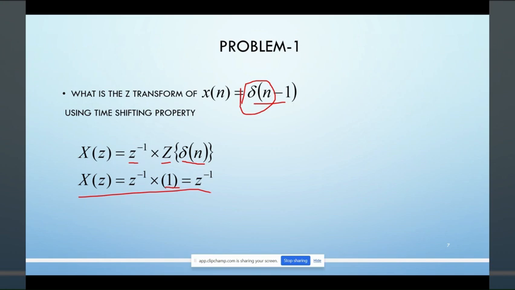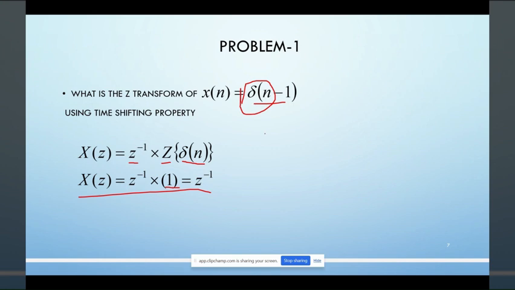So just by applying the time shifting property, we can easily solve the problem, instead of using the direct z transform formula, summation n equal to minus infinity to infinity x of n z power minus n, and after using all the mathematical concepts we can get it. But by using the time shifting property, it is easy to get.